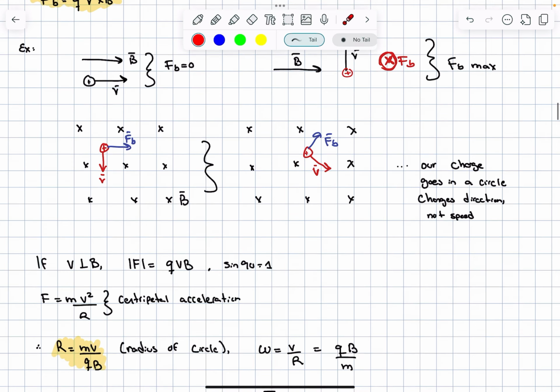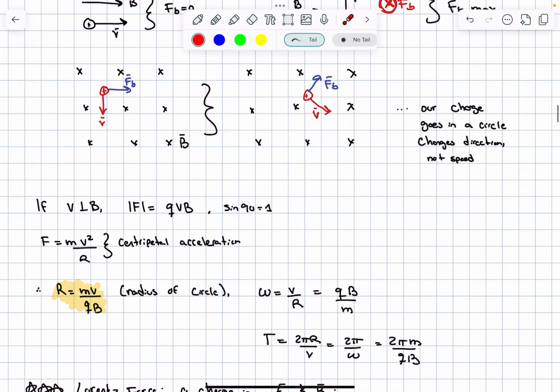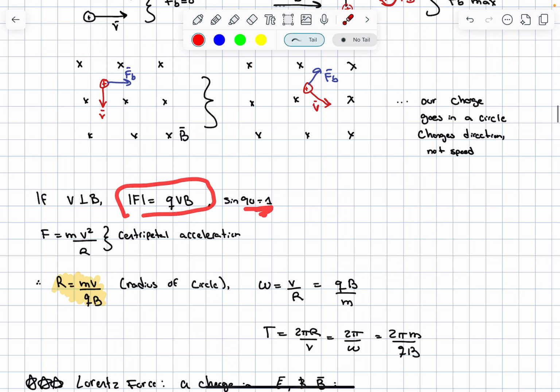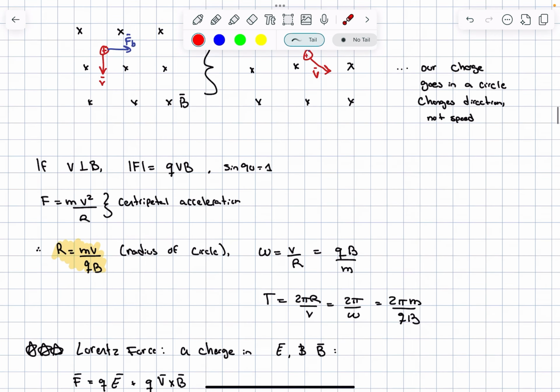So what we can see is that if V is perpendicular to B, which is what we have here, so this is our B and this is V, where they're always perpendicular to one another, right? Because this is going in the plane and it's in this XY plane like this. That means F is equal to QVB, because sine theta is equal to 1. And then what we have is a relationship for when we have centripetal acceleration.